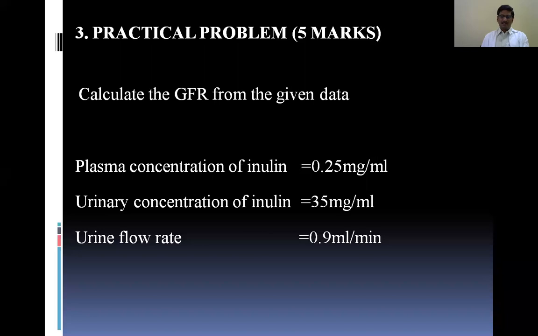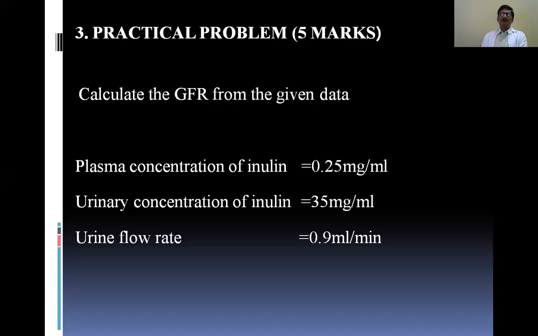With this logic, we can now calculate GFR using a formula. Clearance is equal to UV by P. C is the clearance, C = UV/P, where U is the urinary concentration of a particular substance, V is the flow rate, and P is the plasma concentration of that substance. In this case, it is inulin.